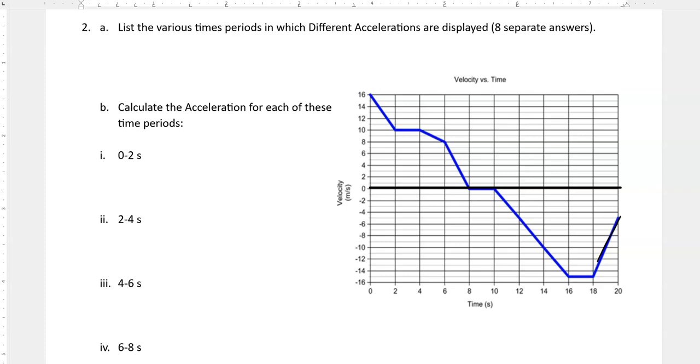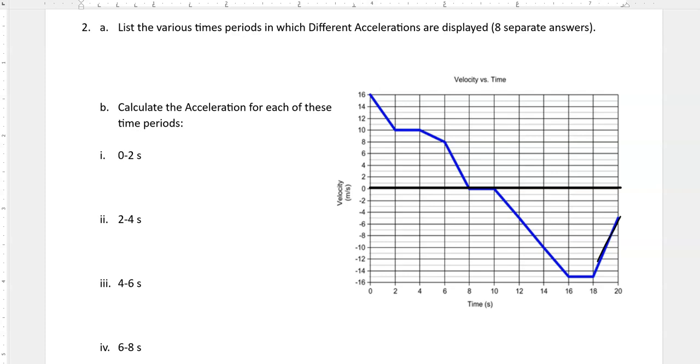All right, so the first question says list the various time periods in which different accelerations are displayed, and that there are 8 separate answers. What you have to remember is you already did position versus time plots, and the slope of those plots was equal to the velocity.